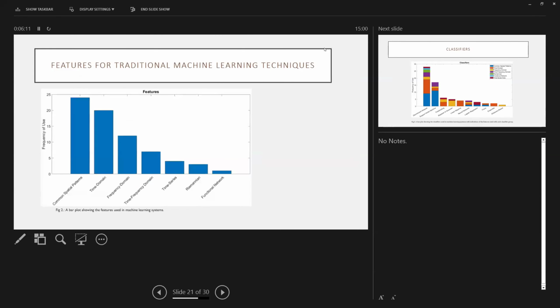Most of the feature extraction is done by common spatial pattern. This is the bar graph, in decreasing order, of the number of feature extraction methods being used.